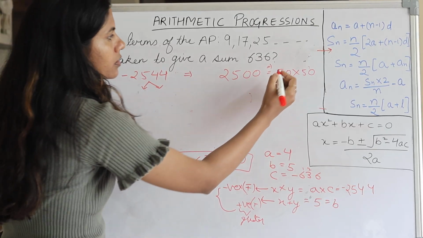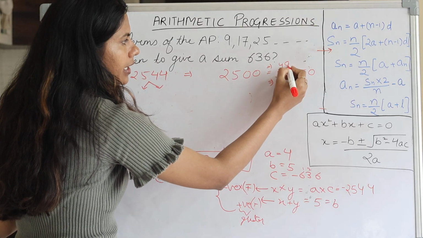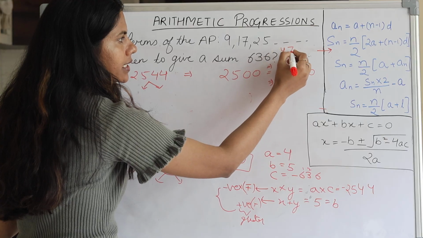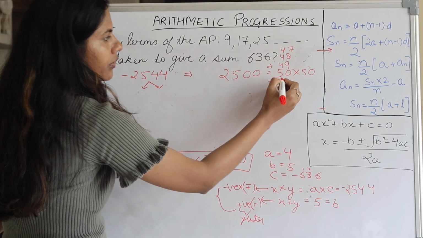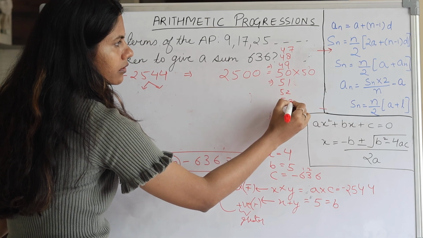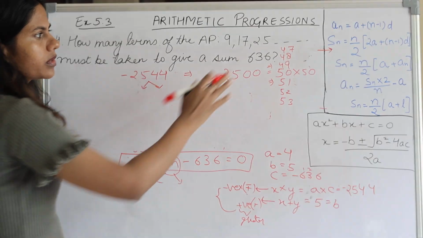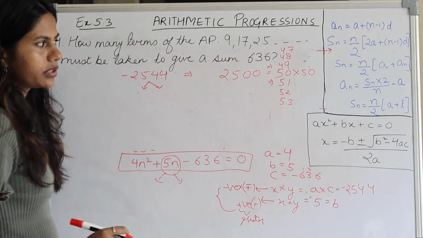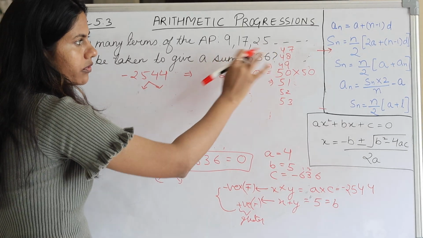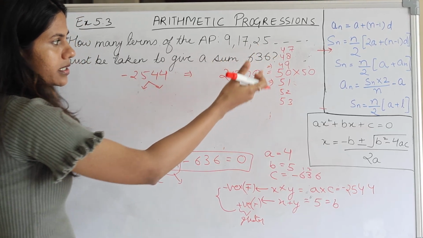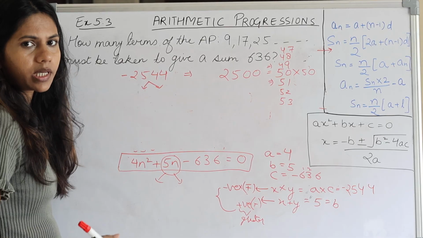So we can say 49, 48, 47, and 50, 51, 52, 53. I have just taken 3 numbers less than it and 3 numbers more than it, and I'll try to figure out, one by one, whether any number has this as its multiple.